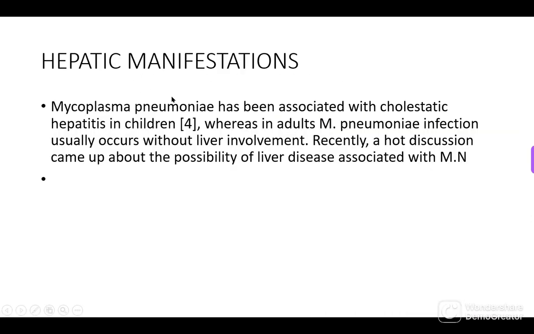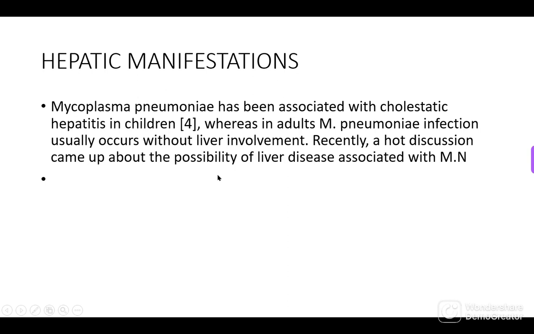hepatic manifestation has also been described, associated with cholestatic hepatitis in children, whereas in adults the Mycoplasma pneumonia infection usually occurs without liver involvement. So liver is involved in the children, and a cholestatic type of pattern is seen. Means the gamma GT will be raised, and again the alkaline phosphatase, more targeted enzymes which are raised.